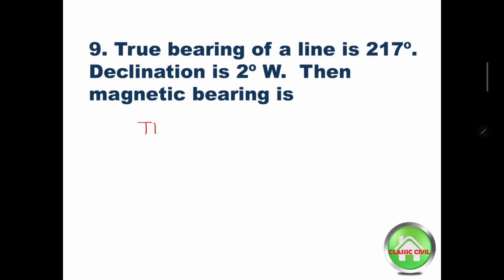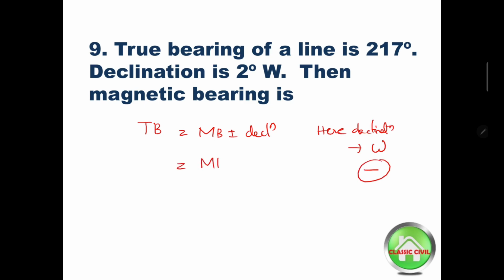We know true bearing is equal to magnetic bearing plus or minus declination. Here declination is to west, therefore use negative sign. That is, true bearing is equal to magnetic bearing minus declination.